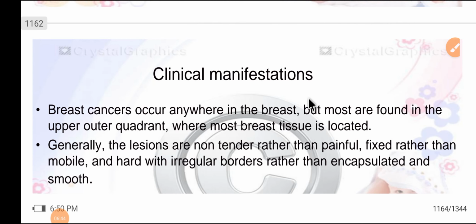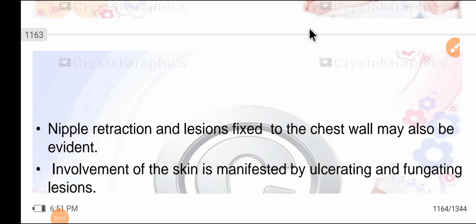Clinical manifestations: breast cancer can occur anywhere in the breast, but most are found in the upper outer quadrant where most breast tissue is located. Generally, the lesions are non-tender rather than painful, fixed rather than mobile, and hard with irregular borders rather than encapsulated and smooth.